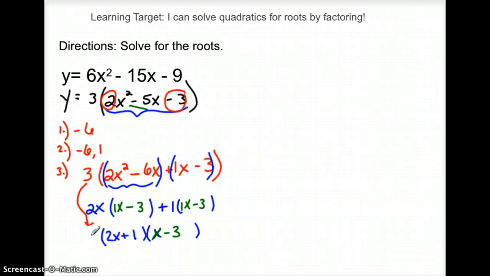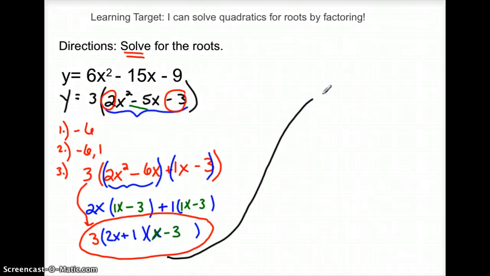That GCF, we want to make sure that we bring him down. So this would be the final factored answer, but I'm solving, so I'm not done. Okay, I'm going to take this over here, and let's see, 2x plus 1, x minus 3. So this is factored.